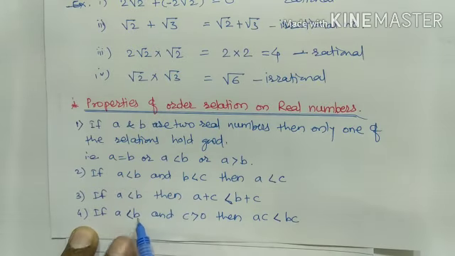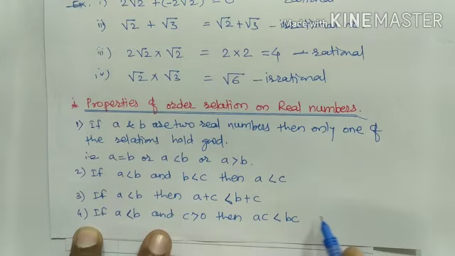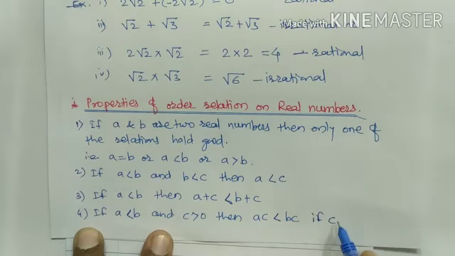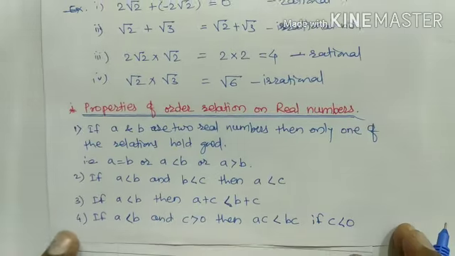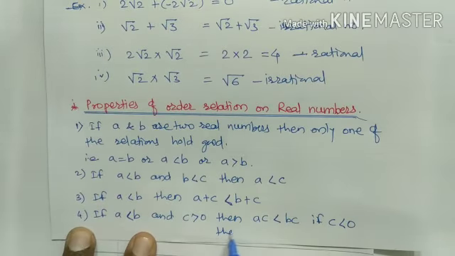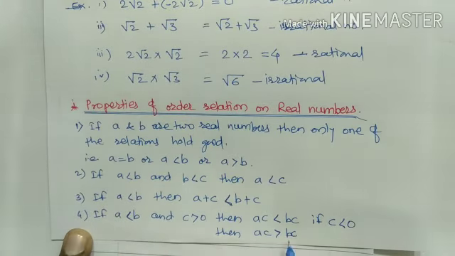When we multiply both sides of this relation by a positive real number, we get the same relation, that is AC is less than BC. And if C is less than 0, it means that C is a negative number, then this relation becomes opposite. AC is greater than BC.